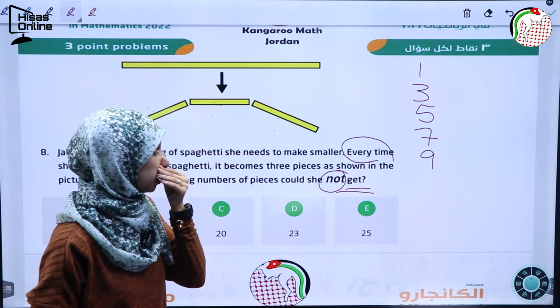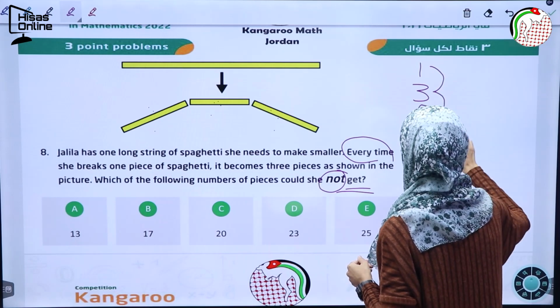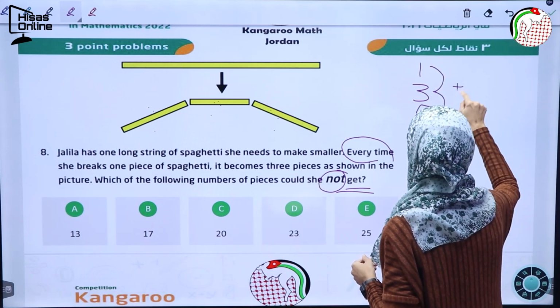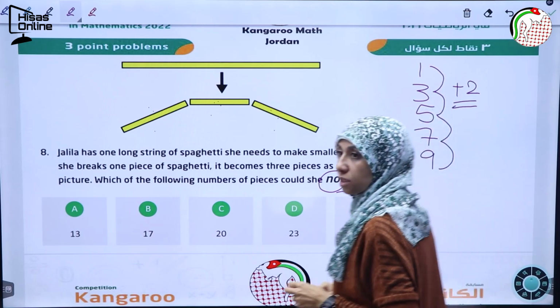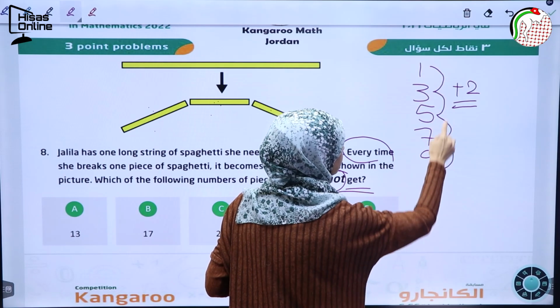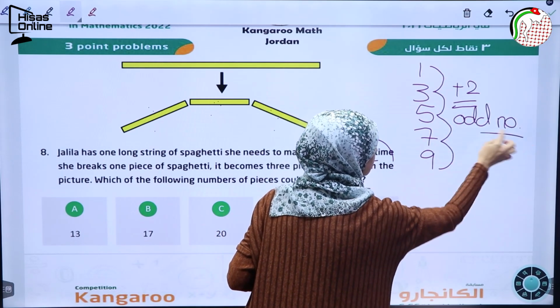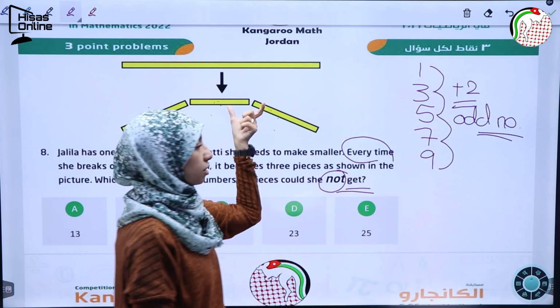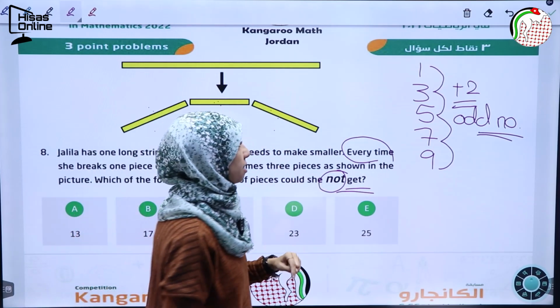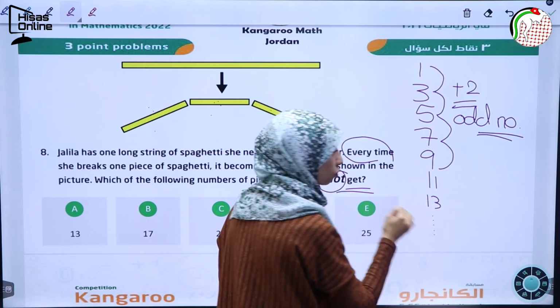Let's see the pattern: 1, 3, 5, 7, 9. The rule of this pattern is adding 2, and the results are odd numbers. Each time 2 pieces will be added, and the number will be 11, 13, and so forth.